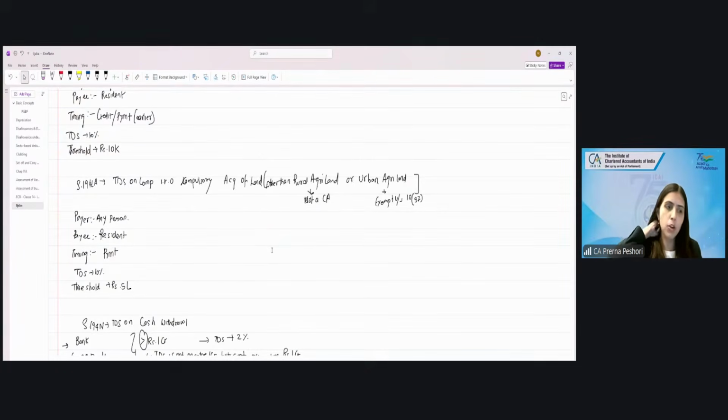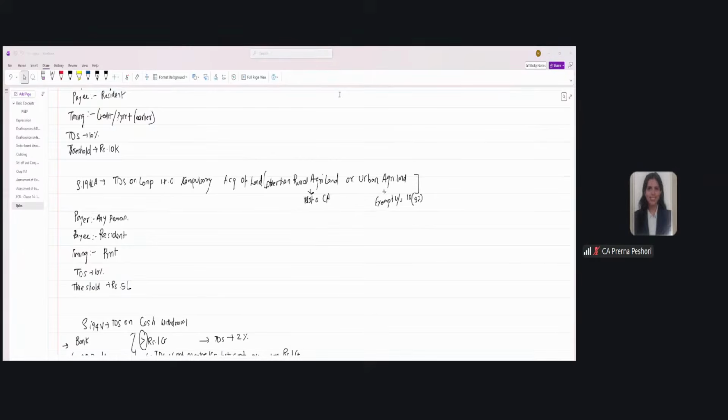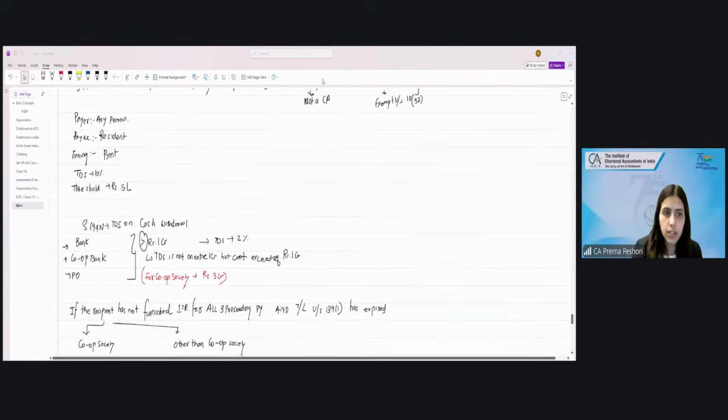Yes, what is the limit? If cash withdrawal is exceeding rupees 1 crore during any previous year. Correct, correct. So, in case of 1 crore, what is the threshold for the corporate?